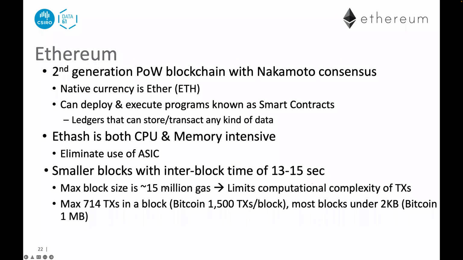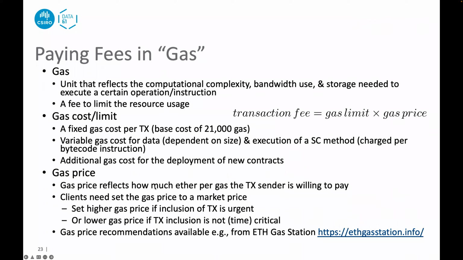If your maximum gas size was 15 million, you could only include a standard 714 transactions, but you can actually have much less than that depending on the type of transactions you include. But if you remember, there was actually a block with 30 million. So this slide is slightly older because they have recently increased that number as well.